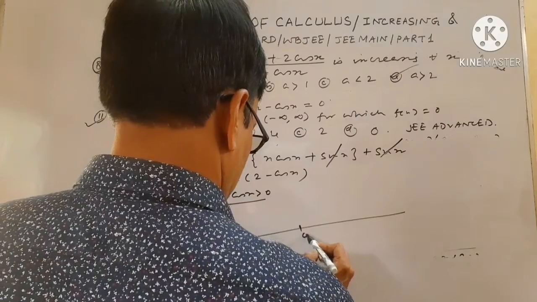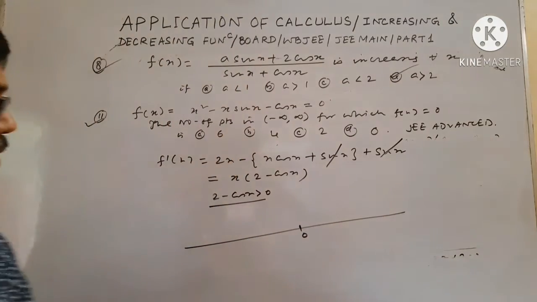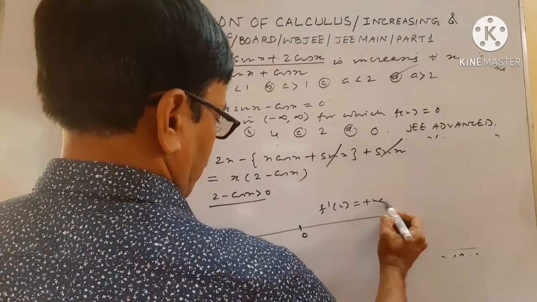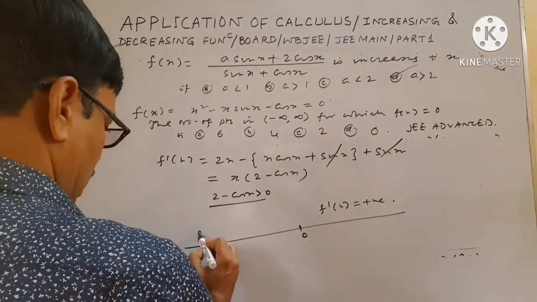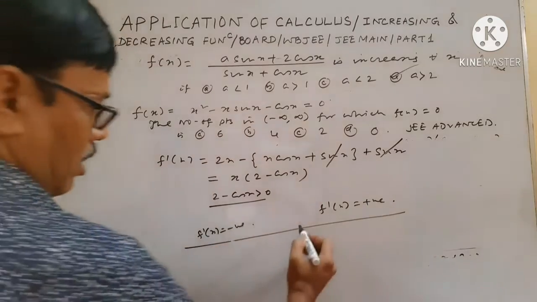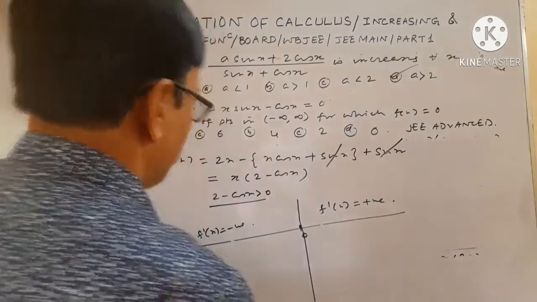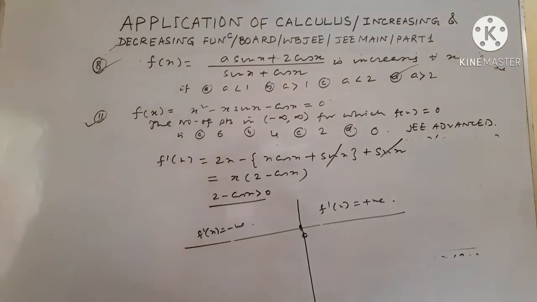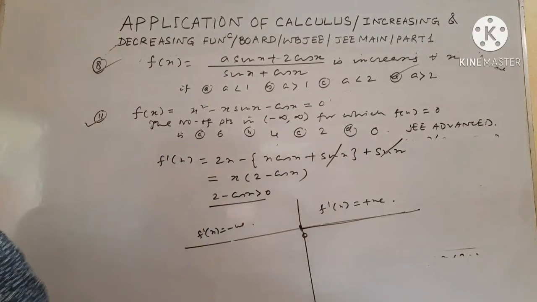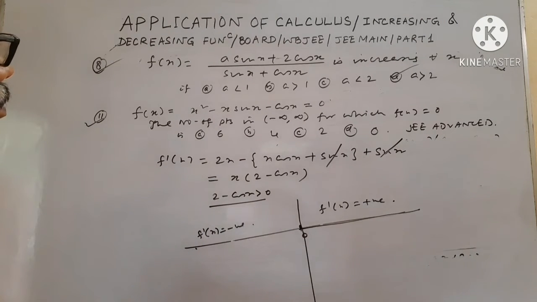So if x is greater than 0, then f dash x is positive, and f dash x is negative if x is less than 0. Therefore for x greater than 0, f(x) is increasing, and for x less than 0, f(x) is decreasing.